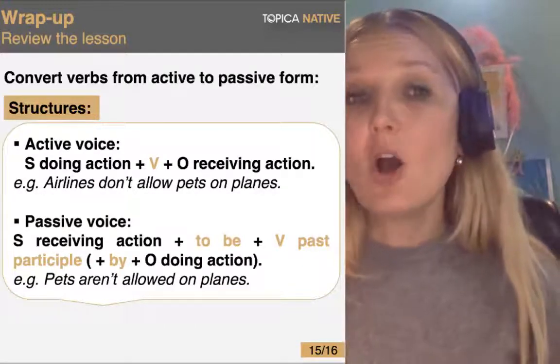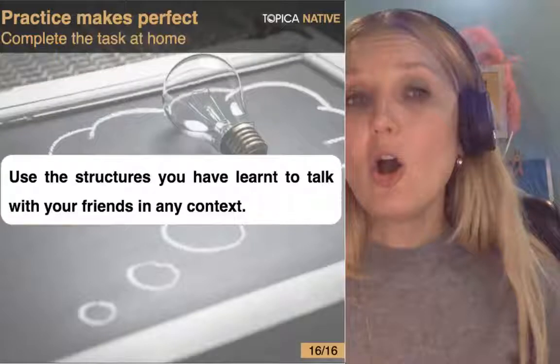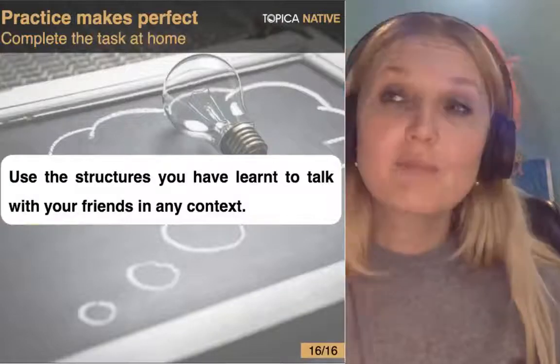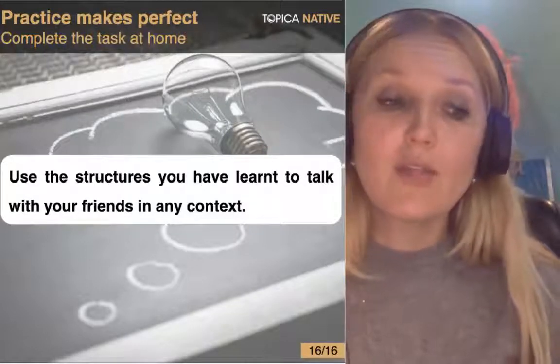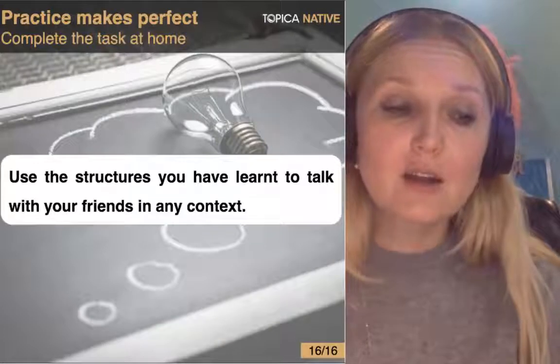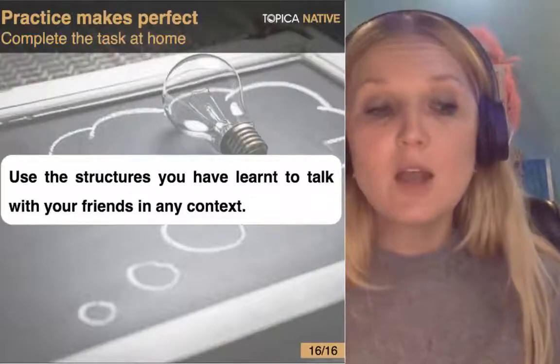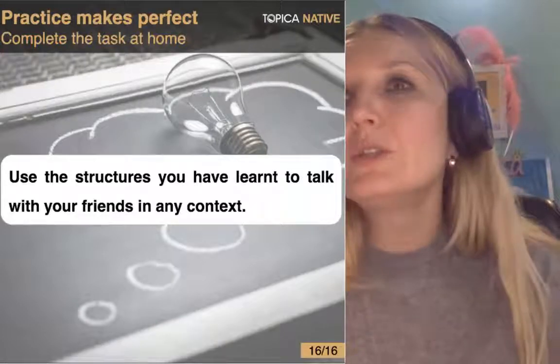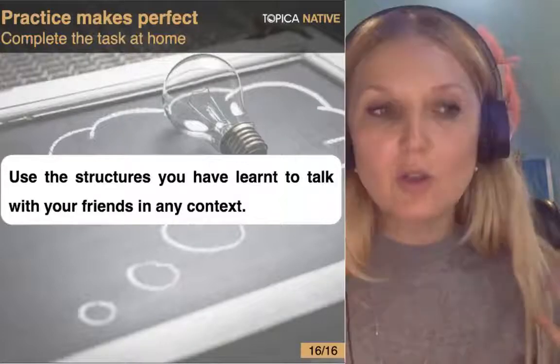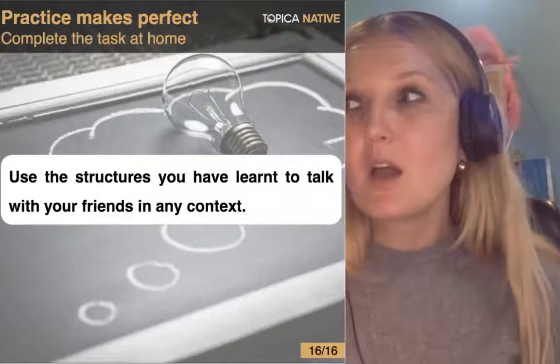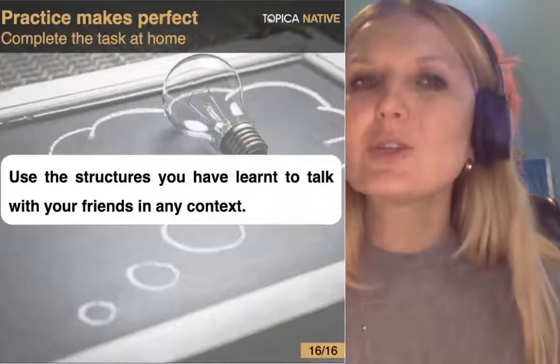So, as homework, please try to use the passive voice structures. Please try to remake sentences from active to passive. Of course, active phrases are used more often, but sometimes we need passive voice when we don't know who did it, for example. When we go to the store, we know that a lot of clothing is made in China, but we don't know by whom.